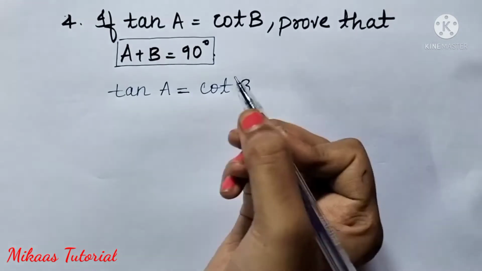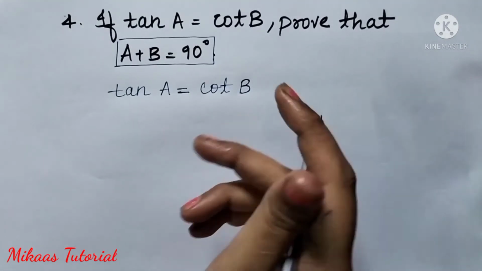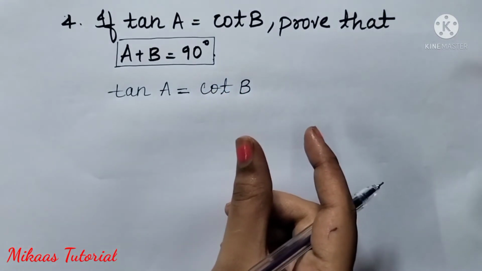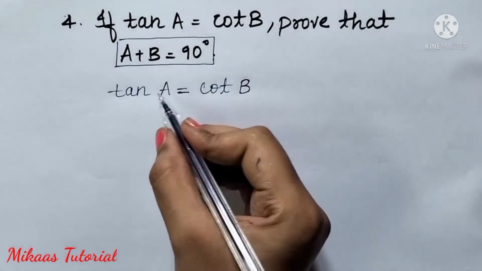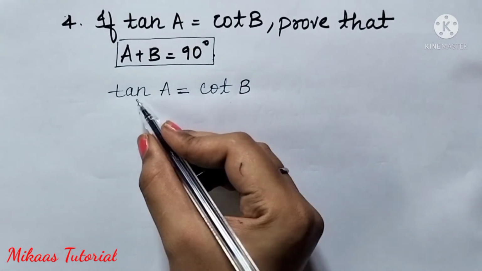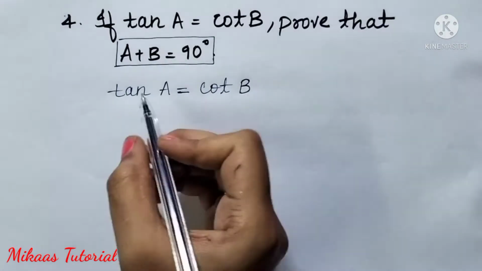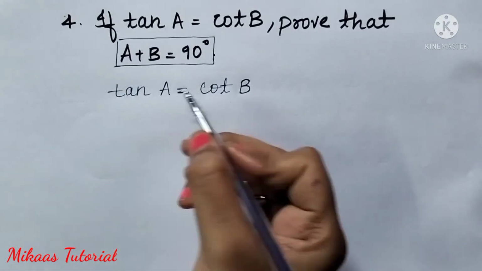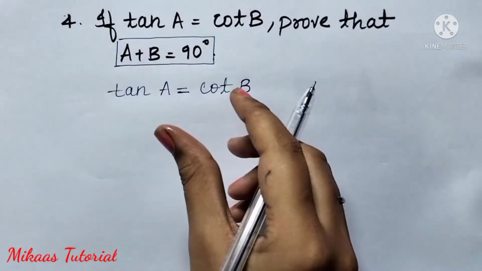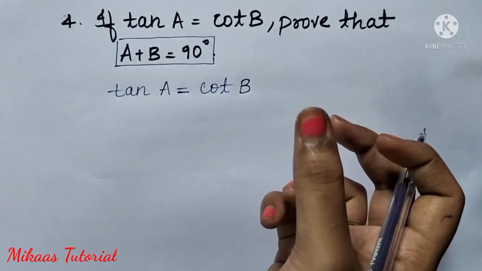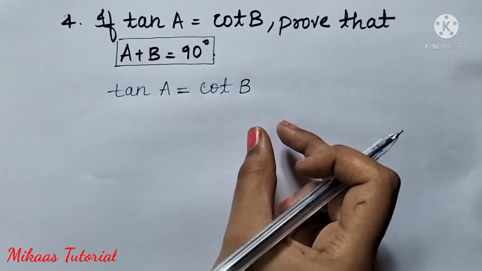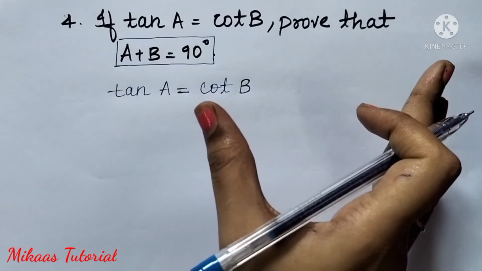This equal sign means if both are equal, then we can compare their theta values. For that, you have to change this tan in terms of cot. If you change it, you should get cot A is equal to cot B. At that point, cot is on both sides, so we can compare their theta values. That means we can compare A and B.